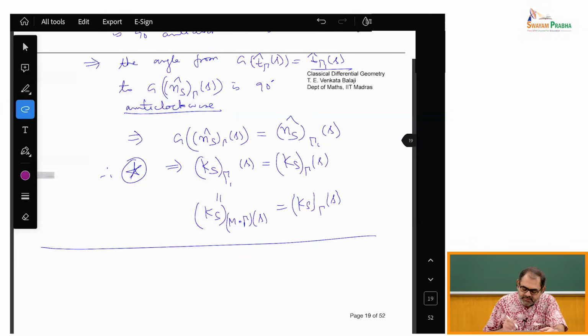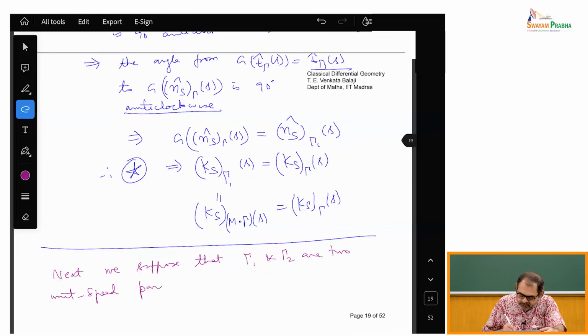So next we suppose that gamma 1 and gamma 2 are two unit speed parametrized curves such that the sine curvatures are the same.